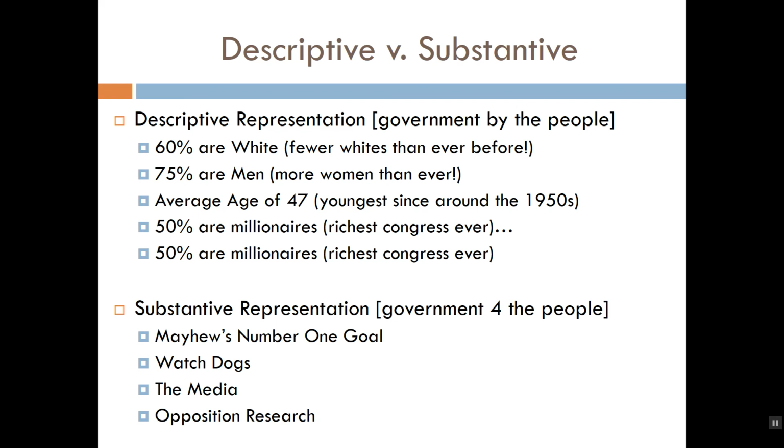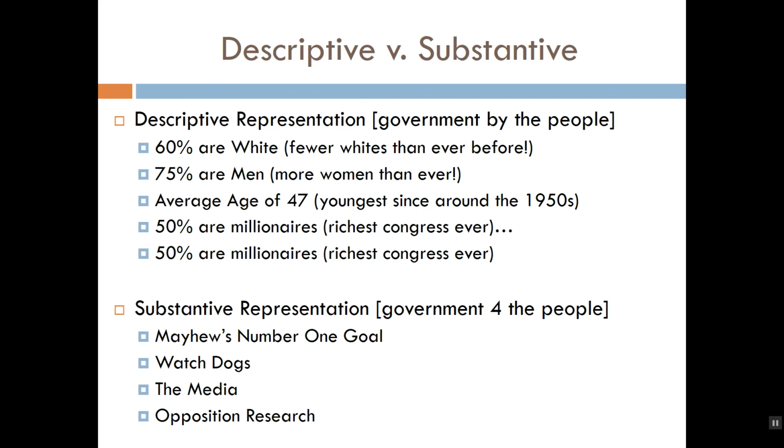And that means that they are overrepresenting the rich and underrepresenting the poor in descriptive terms. Similarly, while we have more women than we've ever had in Congress before, 75% of all elected officials in the legislative branch are still men, compared to a little less than 50% in the general public.